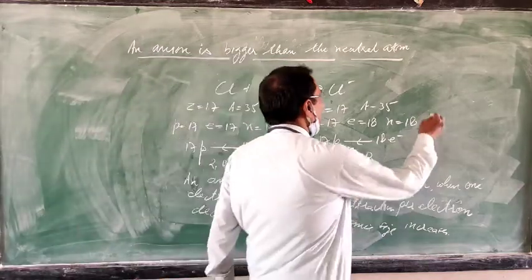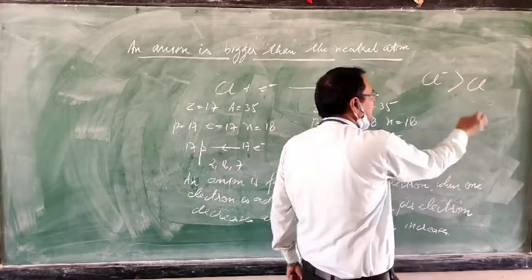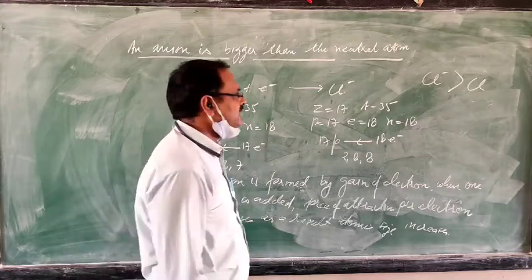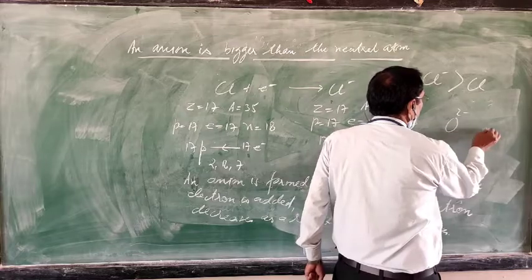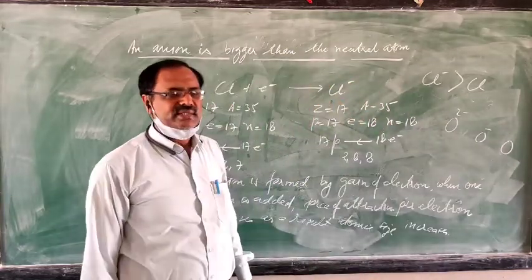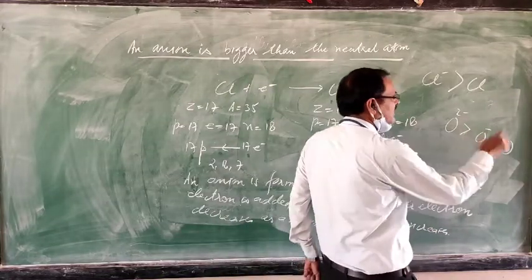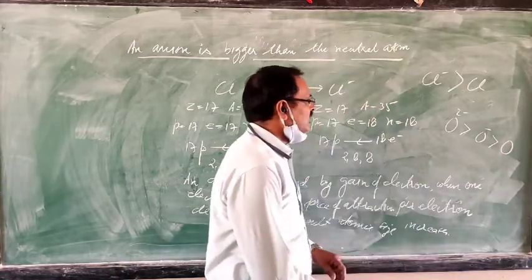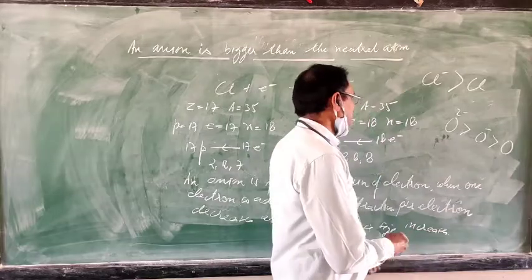So if you compare Cl negative and Cl, the Cl negative will be bigger than the chlorine atom. In the same way, if I ask you O2 negative, O negative and O, which one is the biggest in size? Your answer will be that O2 negative is the biggest one and O is the smallest one.